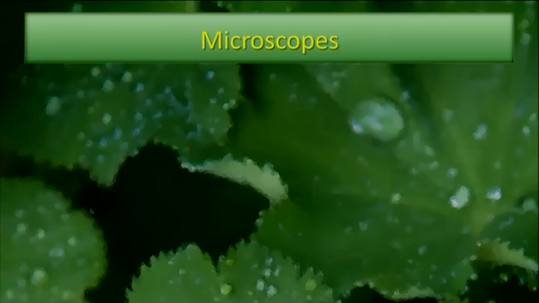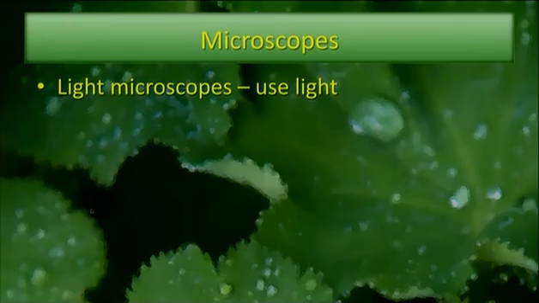Now microscopes are the tools by which we look at cells, because remember, cells are microscopic. They magnify the images of cells. Light microscopes use light that passes through lenses, and the curves of the lenses help to minimize distortion.